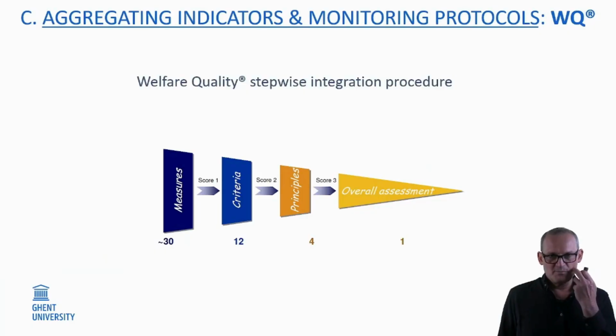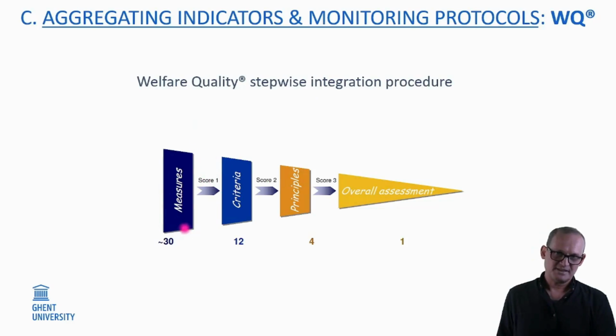So let's talk a little bit more about how in the Welfare Quality protocol different indicators are aggregated and why they do this. In the Welfare Quality protocol, there is a three-step integration procedure. You start off with your raw data on the welfare indicators.